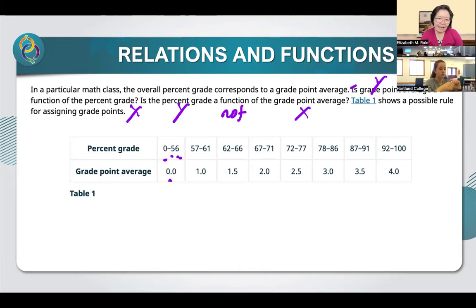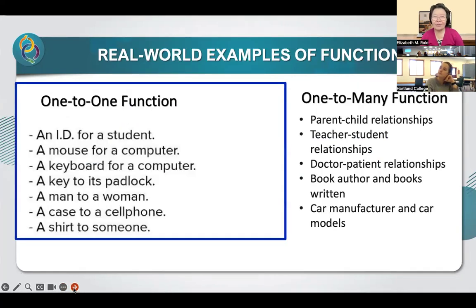So maybe we can have some examples in life that would be considered one-to-one or one-to-many. I think you know that for an ID, you will only have one ID for one student, right? So we call it one-to-one. Or a mouse for a computer: you don't use two mice, you just use one mouse for the computer, because otherwise it will be difficult. One mouse to a computer, a keyboard for a computer, a key to a padlock.